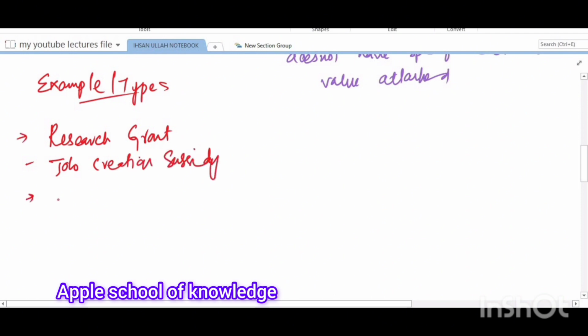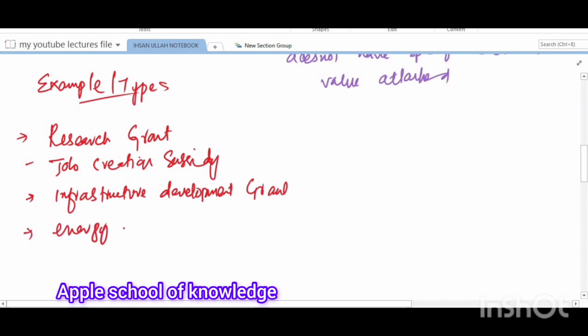Then there is infrastructure development grant. These are different types of grants. There are also energy efficiency grants and some for education purposes, just for your understanding.